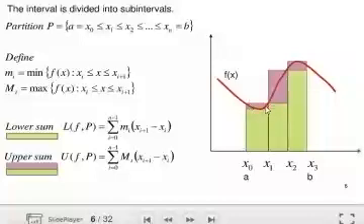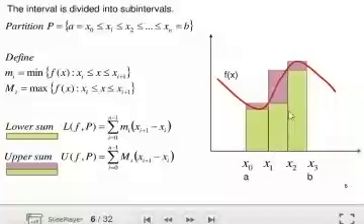Suppose the maximum value of f on this interval is capital M sub 1. So the height is M sub 1 times the width of this subinterval, which is x sub 1 minus x sub 0, right? Similarly, you can consider this subinterval.